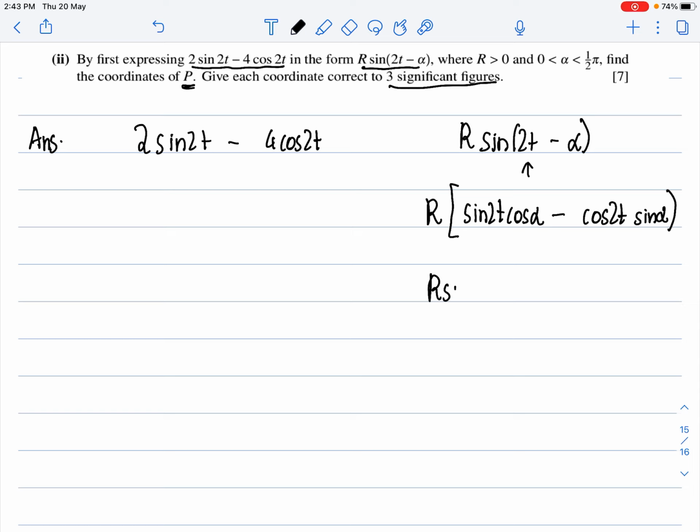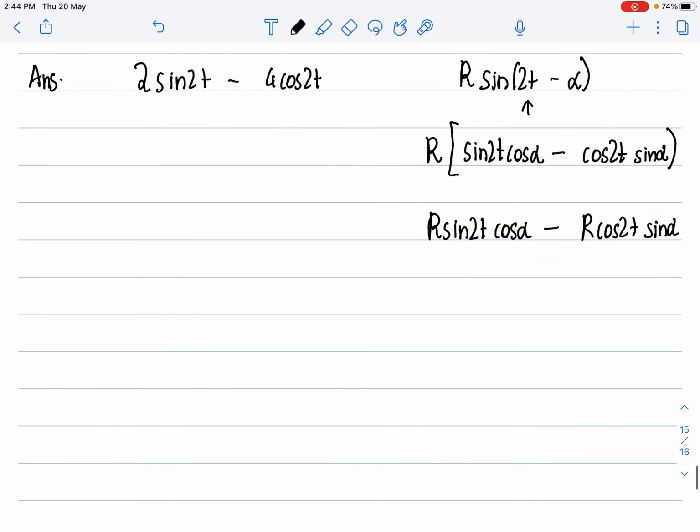So now I can take r inside the bracket to get r sine 2t cos alpha minus r cos 2t sine alpha. Agreed? So now I have sine 2t here, sine 2t here.